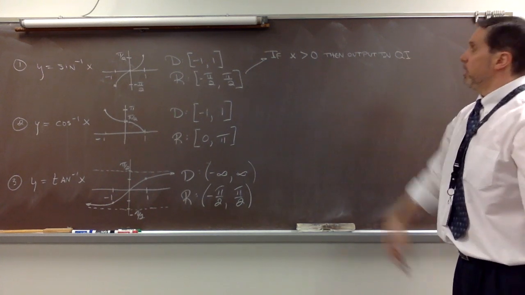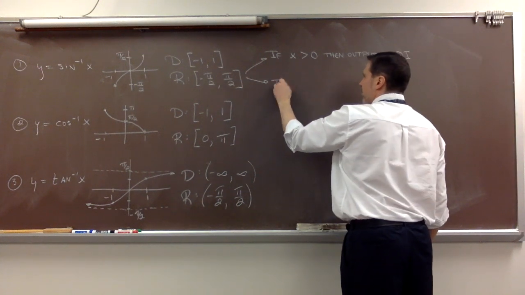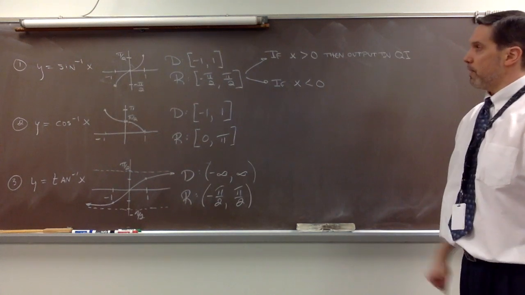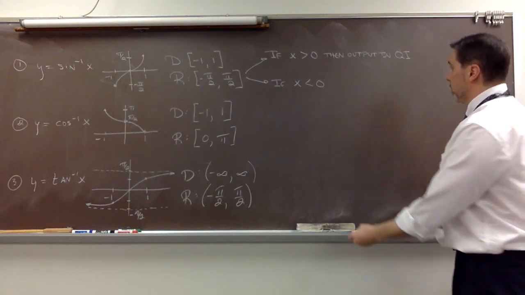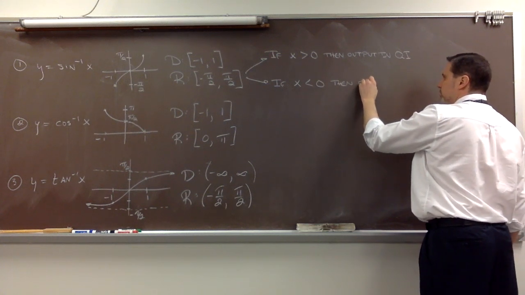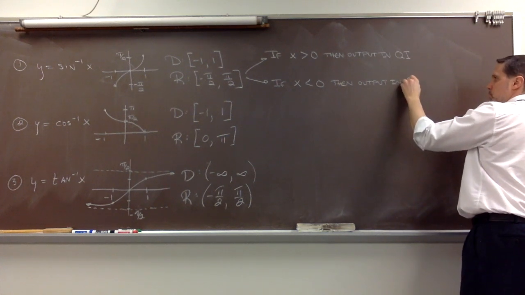You'll get an output in quadrant 1. Draw an arrow here. If your x is less than 0, in other words, if your x value is negative that you're substituting in, then output will be in Q4.